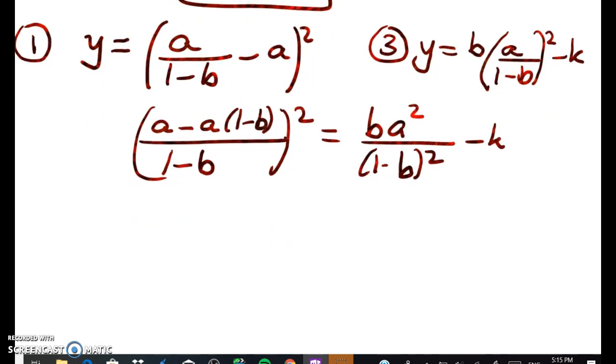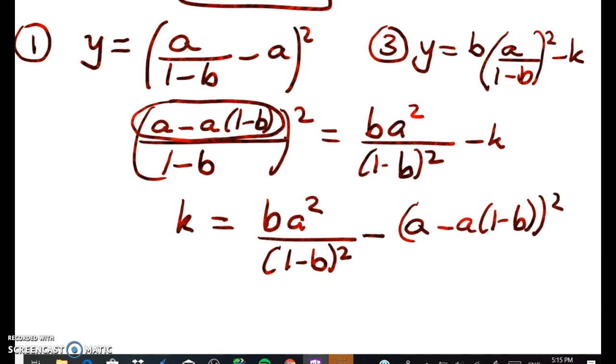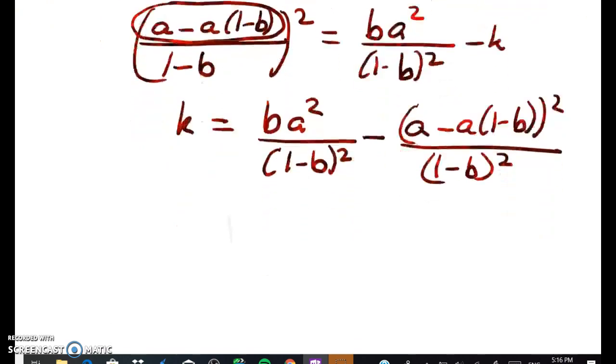And what I want to do now is, because I know I'm trying to get an expression for k, we can write it as follows. So k is equal to ba squared over (1 minus b) squared, minus a times (1 minus b) squared over (1 minus b) squared.